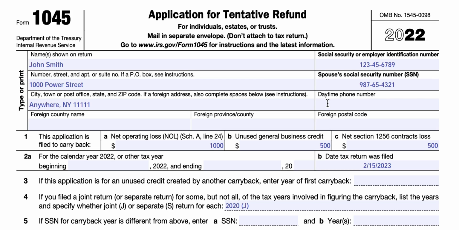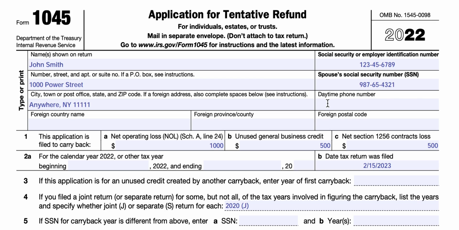You may find that you can claim a refund by filing an amended tax return on Form 1040-X instead of Form 1045. In fact, you must file 1040-X instead of 1045 for the following carryback items: 1, any items related to a Section 965 year; 2, a prior year foreign tax credit released due to an NOL or a net capital loss carryback; and 3, a prior year general business credit released because of the release of the foreign tax credit.